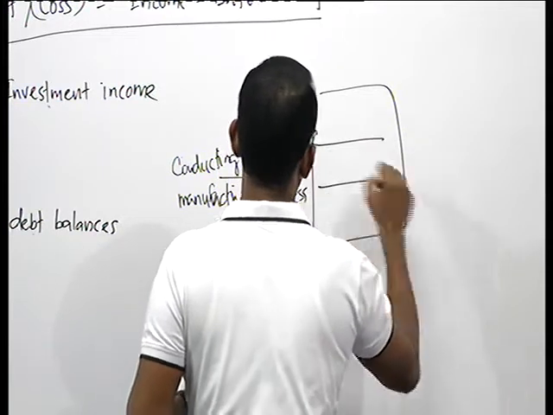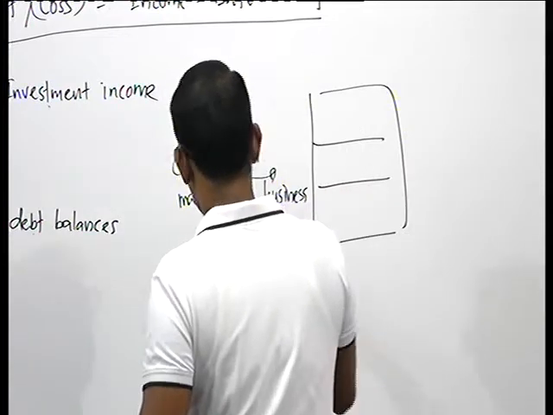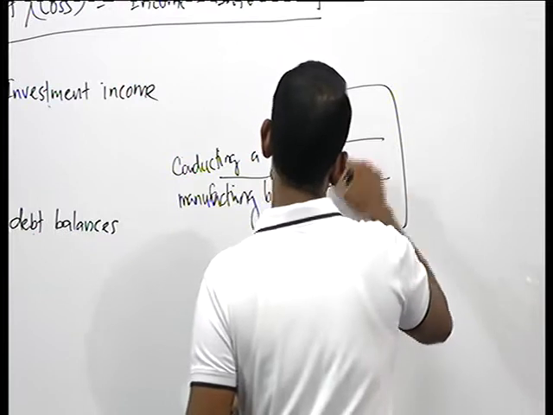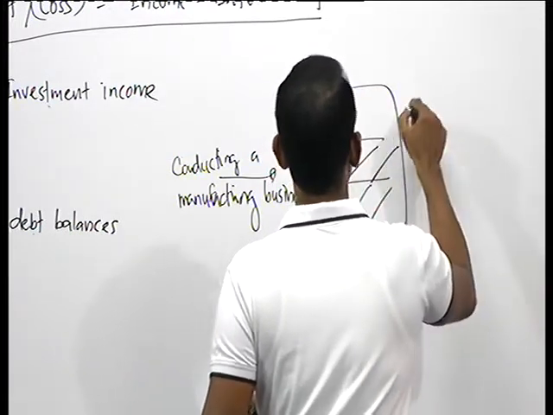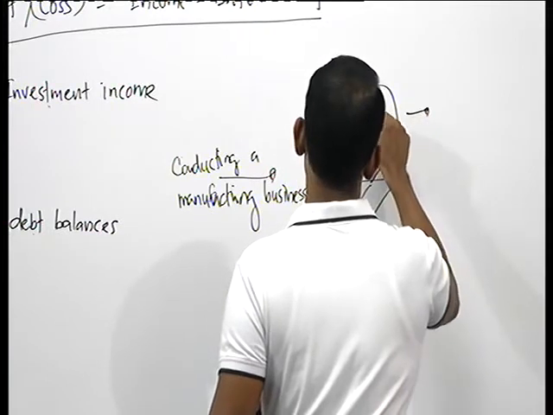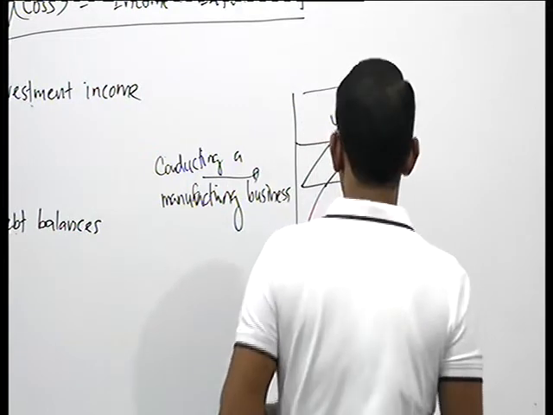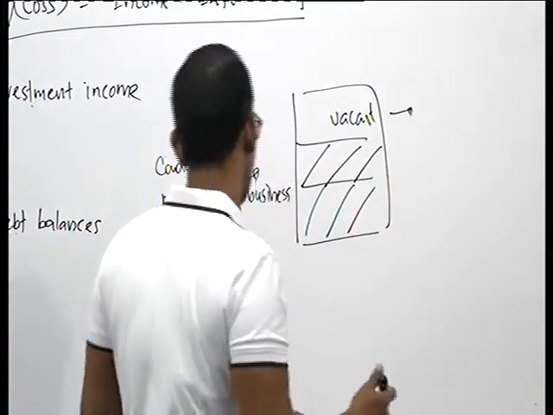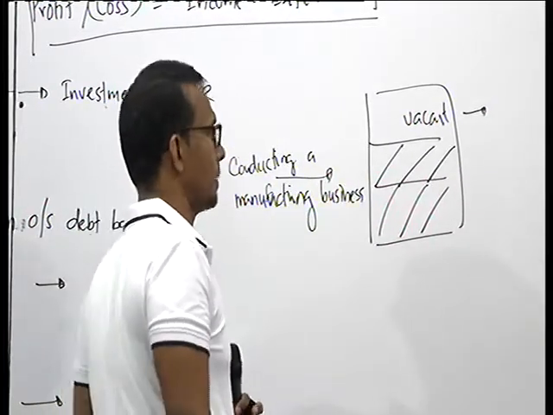Say this is a 3-story building, and initially, since you just started the manufacturing business, you are not fully occupying this entire building. Suppose this second floor is vacant. But you know that in the time to come, with the expansion, you will need this second floor as well.